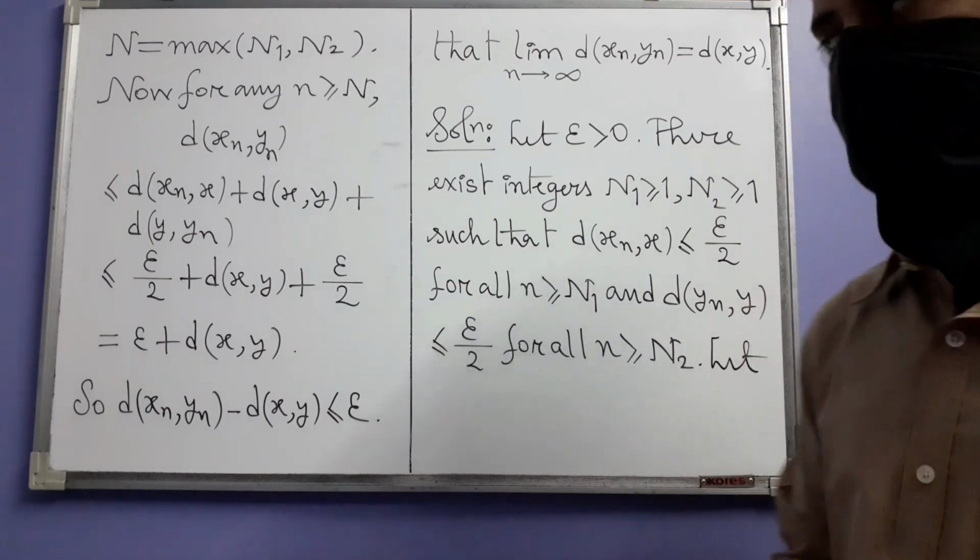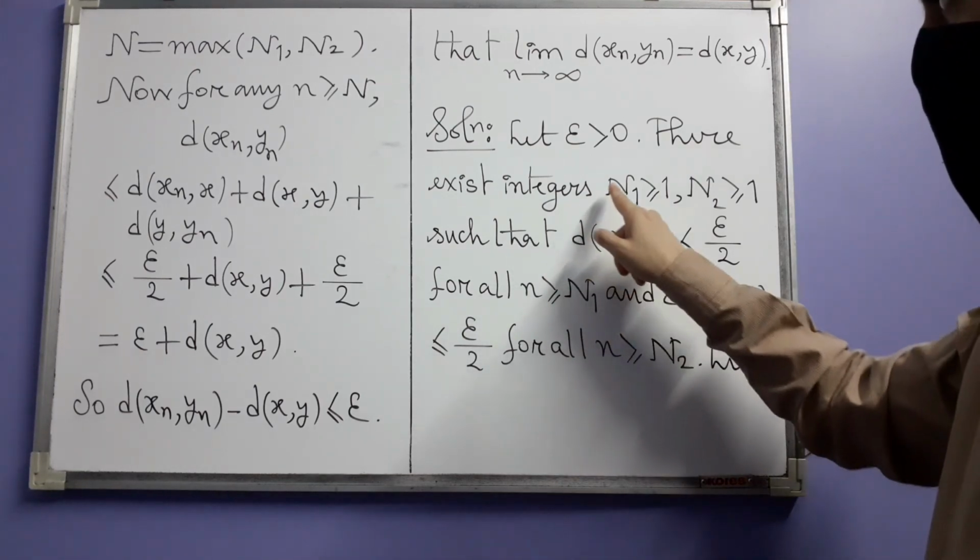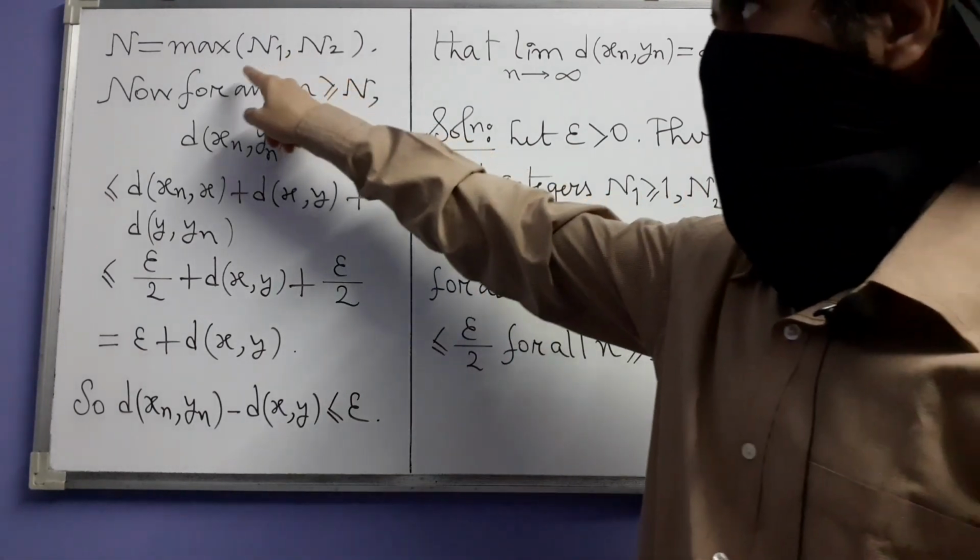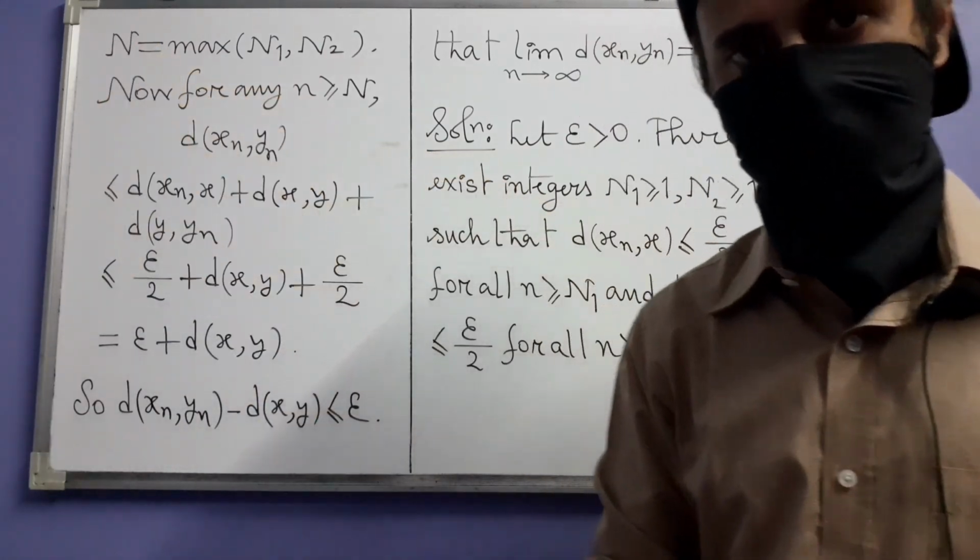So next we consider the maximum of these two positive integers N1 and N2 and say that is capital N.